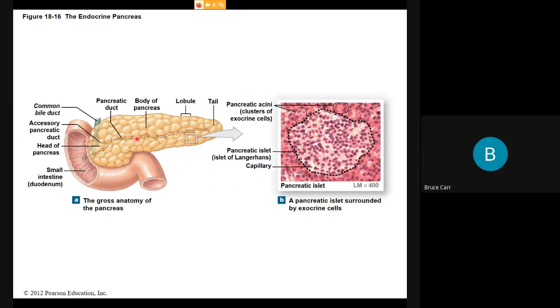The pancreas sits here in the retroperitoneal space, kind of in this cradle formed by the duodenum, the first few inches of the small intestine. And as I said, this is behind the peritoneum. The stomach passes the material down into the small intestine. It's basically popping out behind the peritoneum in that space.